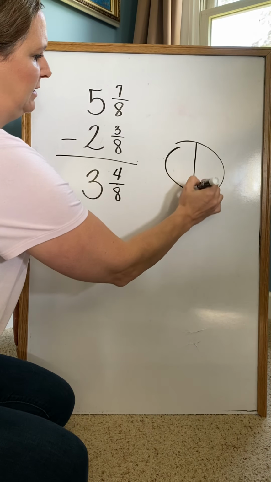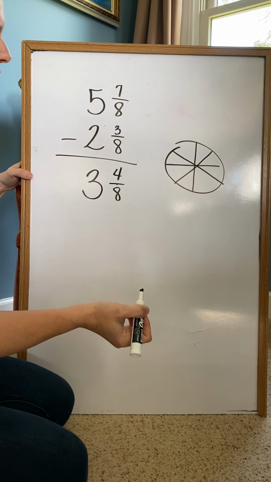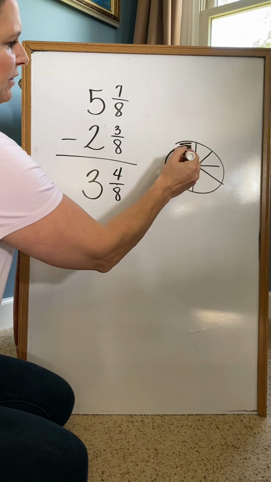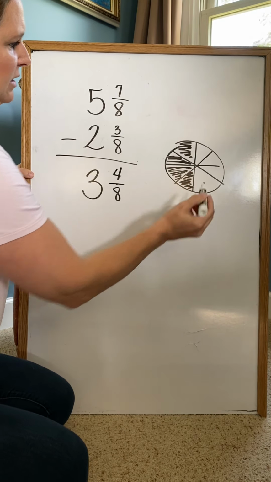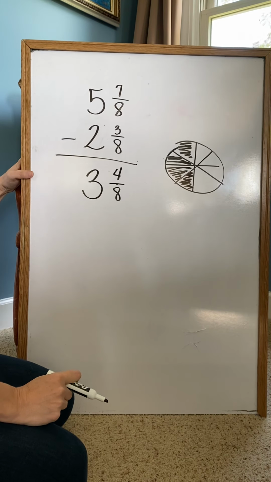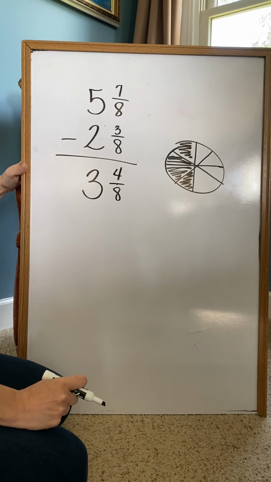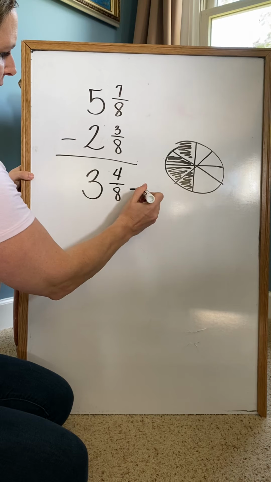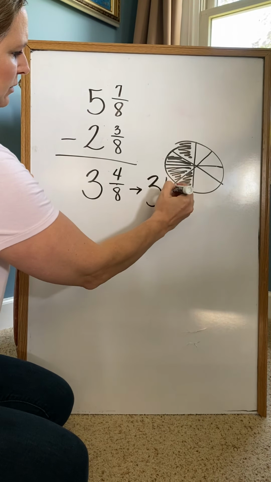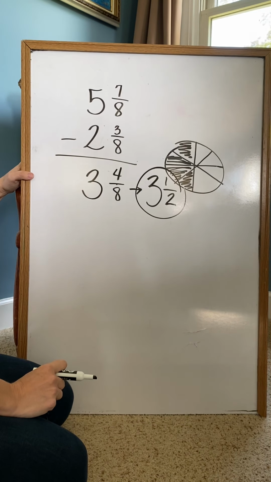Is there a simpler fraction that is the same value as 4/8? Do you guys see it? Hope so. 4/8 is the same as 1/2. So we're going to reduce 4/8 to 1/2. So our final simplified answer is 3 1/2.